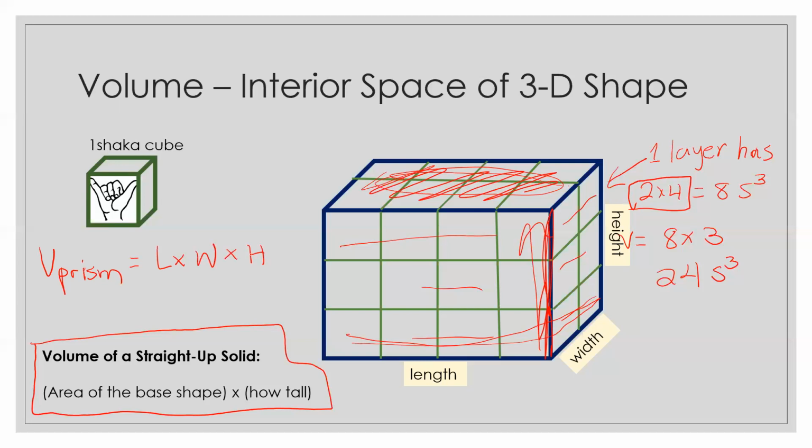Or we can think of it as the area of the base multiplied by the height, which is what you should be thinking about instead of memorizing length times width times height, right? Because we should be able to apply this concept to pretty much any straight up solid shape.